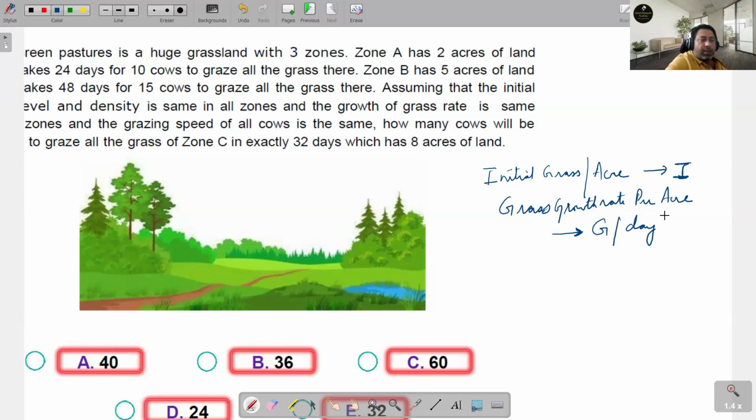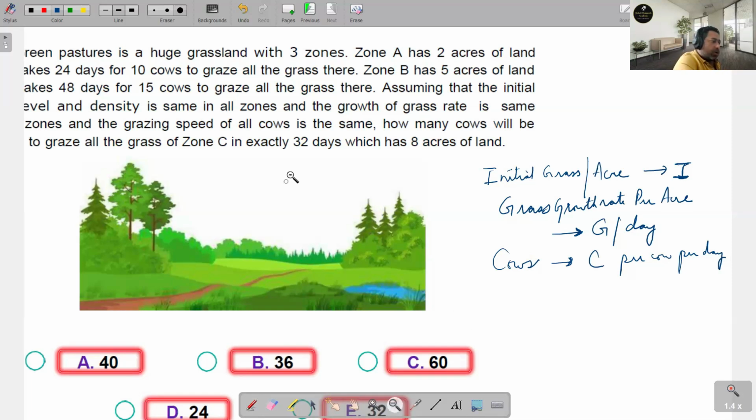This one is also per acre. And the cow's grass eating speed is C per cow per day. Right? These are some of the variables which we have to set up in this question.